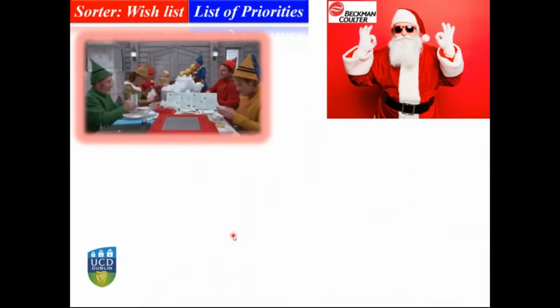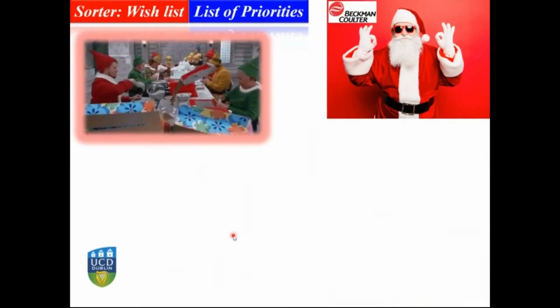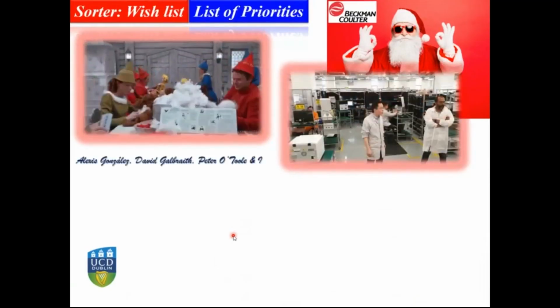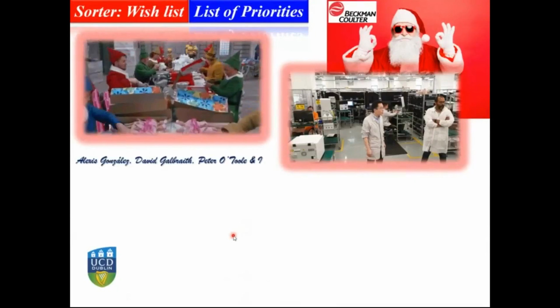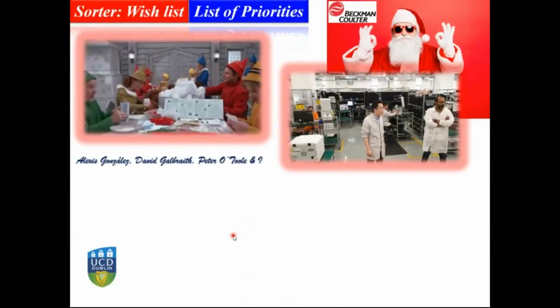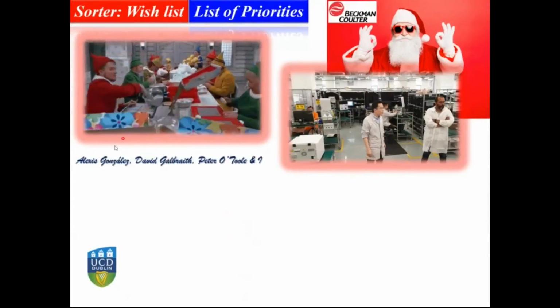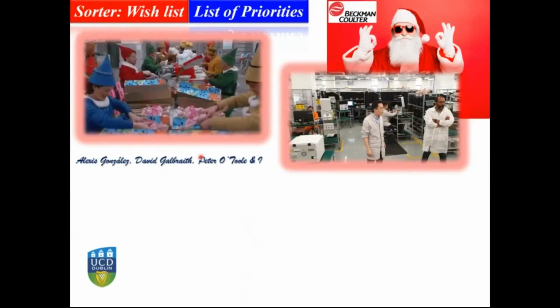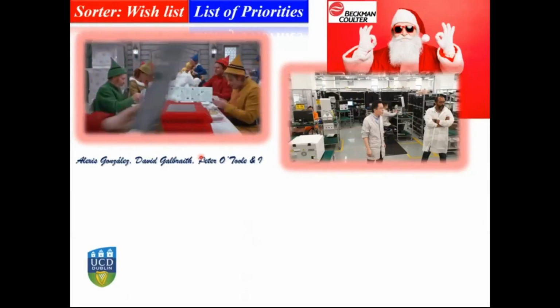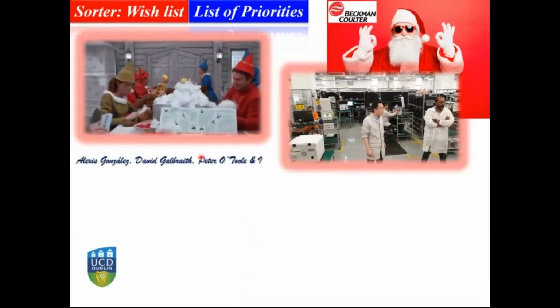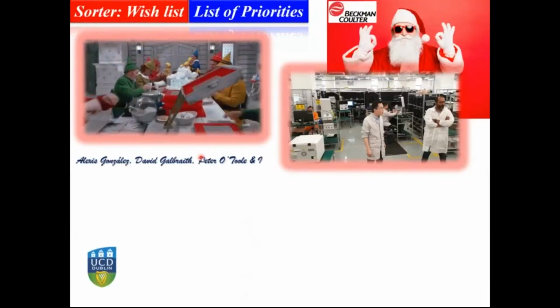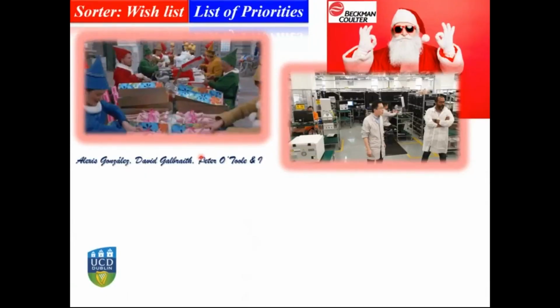So I had the big opportunity to be one of the group, a small, reduced group, going to Suzhou, where the manufacturing of the CytoFLEX is. We were together with Alexis Gonzalez, David Gabbard, and Peter O'Toole. We went there to tell them things that, as core managers, we would like to see in this new prototype of the cell sorter.